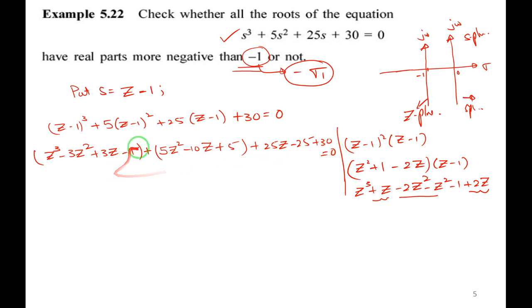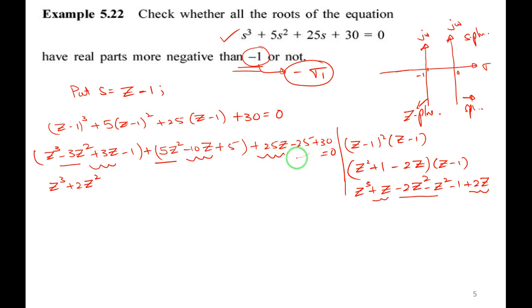Is it fine? So we will separate out all the terms. z cube, only one term is there, z cube. z square terms: minus 3z square plus 5z square. Any other z square terms? No. 5 minus 3, 2, so 2z square. Then 3z minus 10z plus 25z.